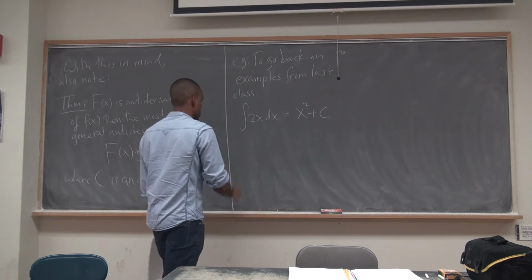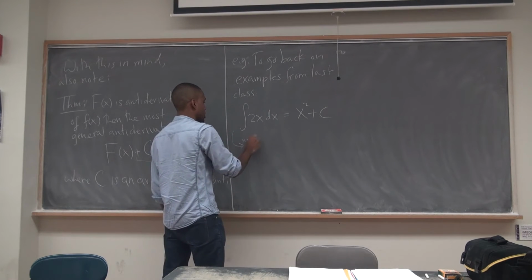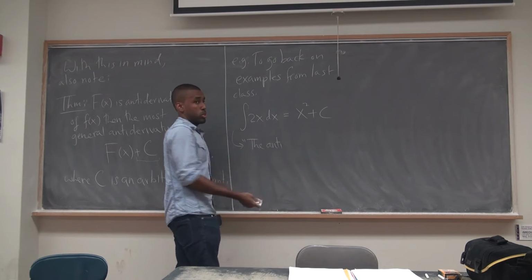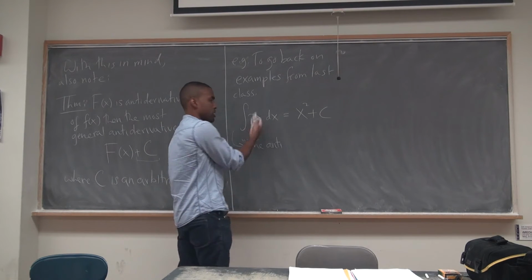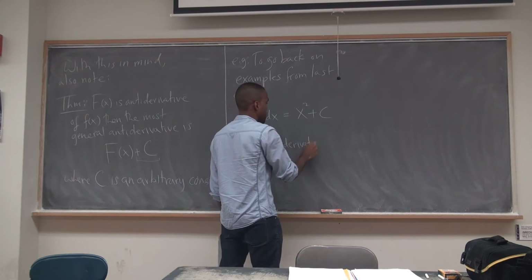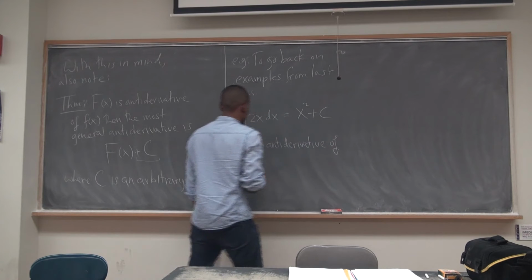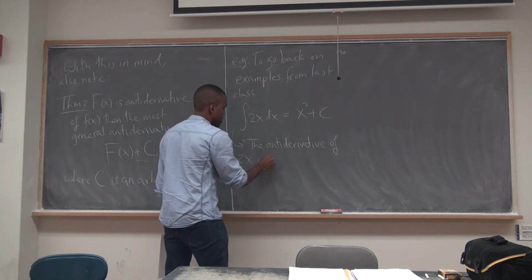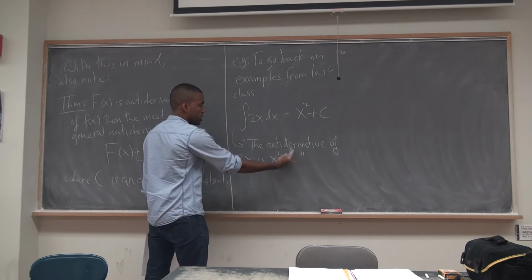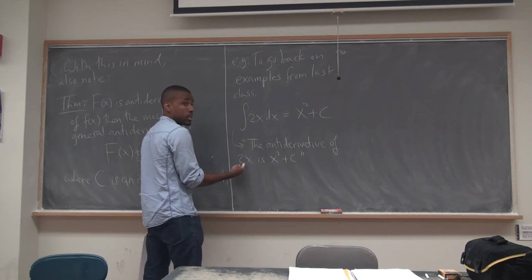This says the antiderivative, which is really an integral, which is what the fundamental theorem of calculus tells us. The integral is an antiderivative. The antiderivative of 2x is x squared plus c. It means all functions of this form, when I differentiate them, I get this function.